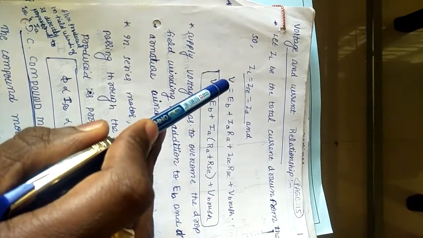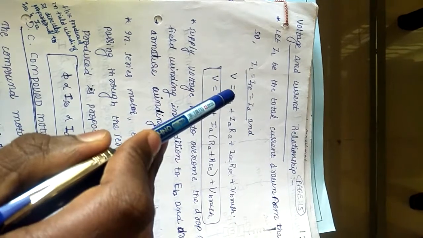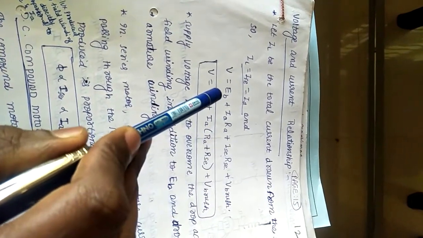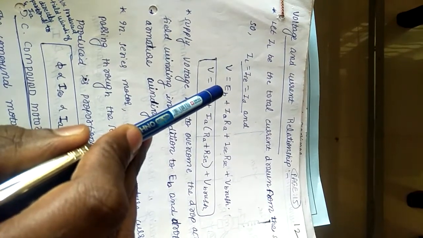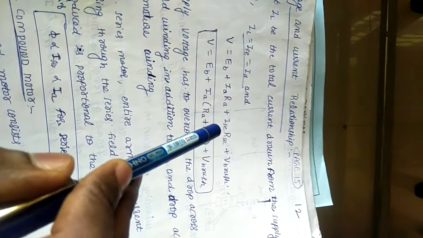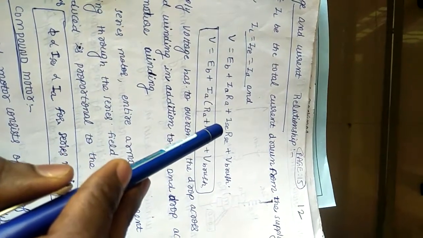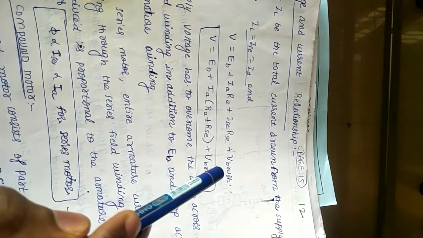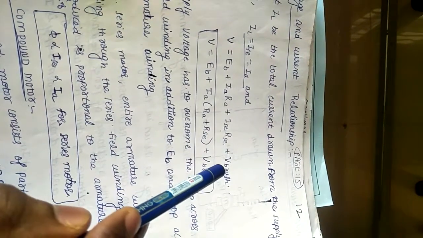The total supply voltage is nothing but the drop across the armature, the EMF generated across the armature called EB, that is nothing but back EMF, and the drop across the series connection of the field winding and the voltage drop across the brush.